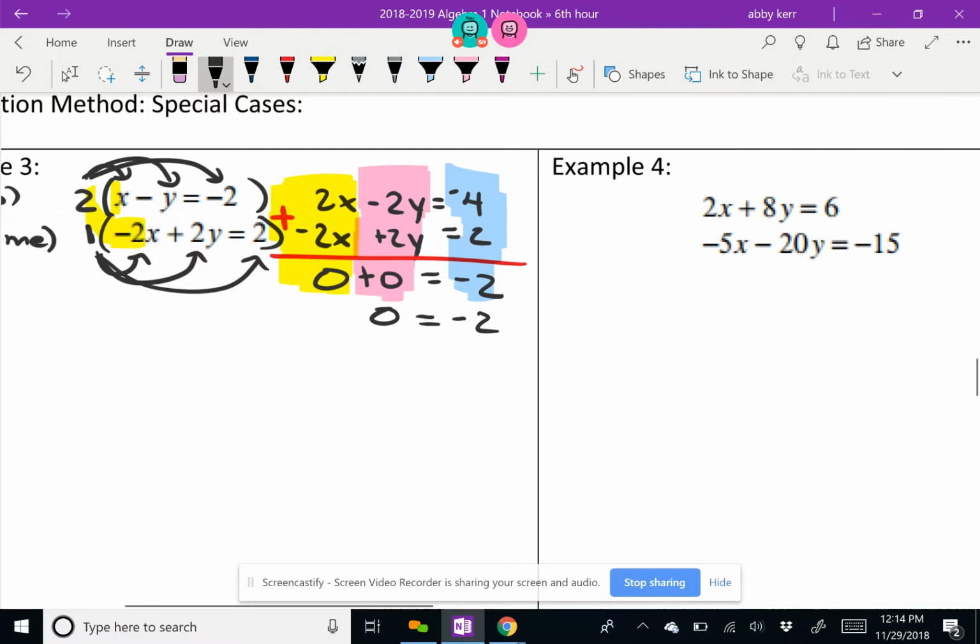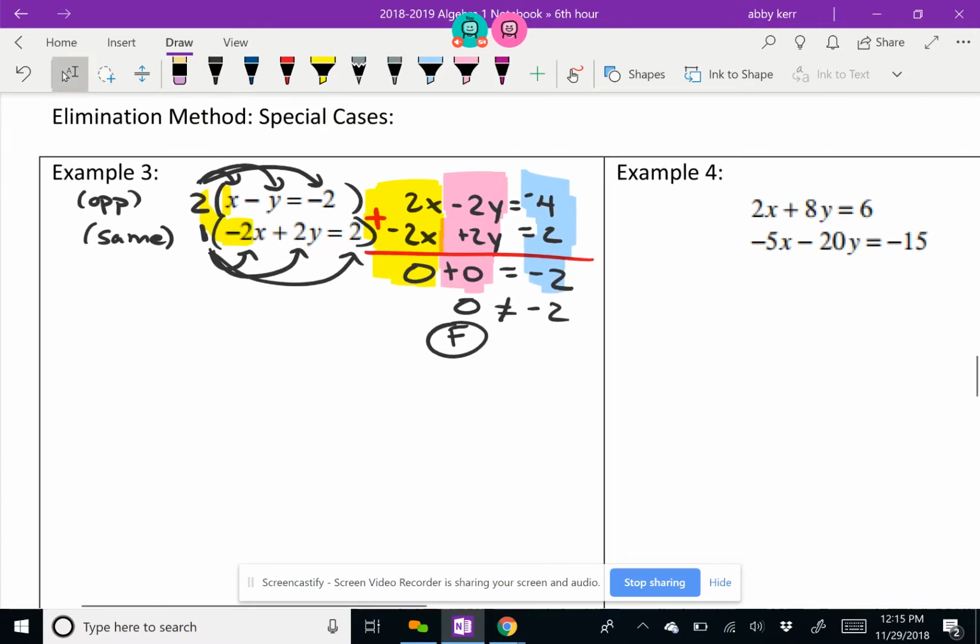So this is saying 0 equals negative 2, which we know cannot happen. So it's a false statement. If you look back on that flow map that I just discussed, a false statement means that it's no solution. So you can write a sentence, no solution, because I got a false statement.